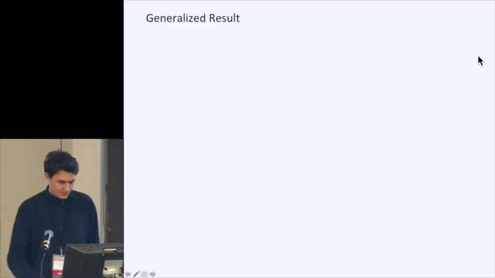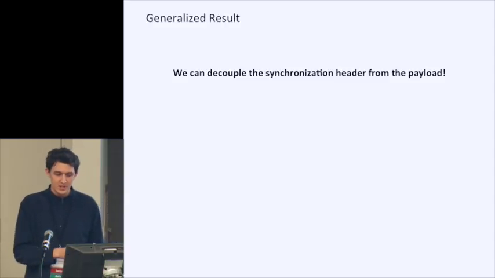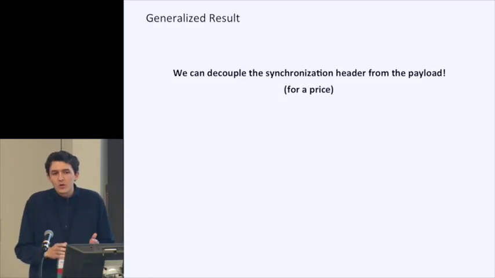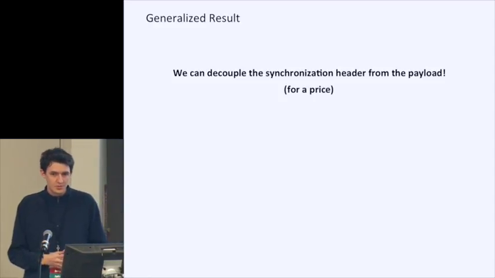All right. Now, you can generalize this thought and this experiment result we got here. And if you take away only one thing from this talk, let it be this: it is definitely possible to decouple the synchronization header from the payload of a packet for a certain price. You need some conditions to be met for it to make a lot of sense.